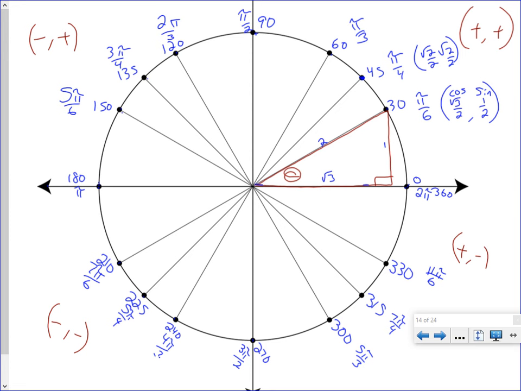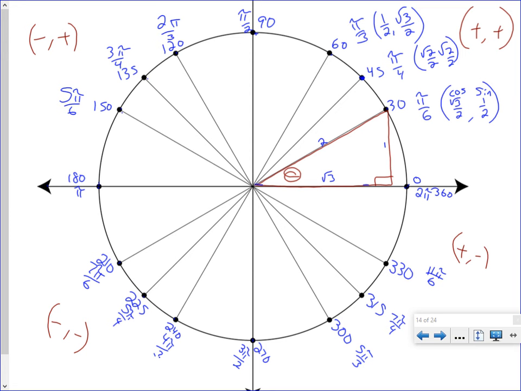And then if I go to my 60-degree angle, what's my cosine of 60? 1/2, and my sine is √3 over 2. Now, here's where it gets really, really easy.